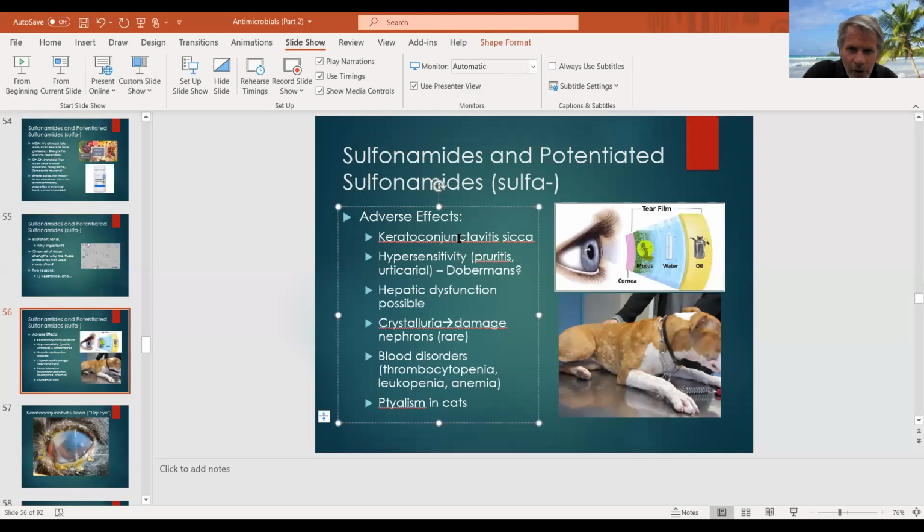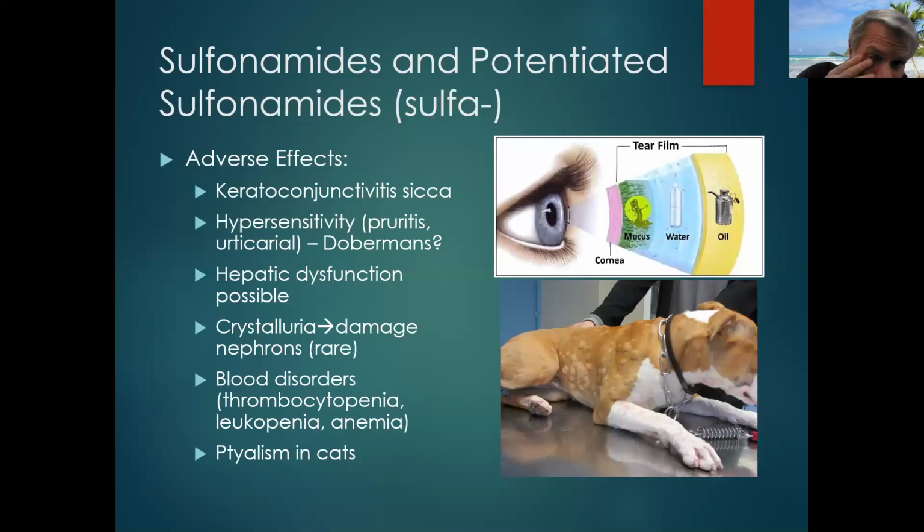Okay, that's the right spelling. The conjunctiva, that's the kind of pink part of your eye. So those both get inflamed, and sicca means dry, like if you've heard the word to desiccate. Anyway, sicca means dry. And so we get dry eye.